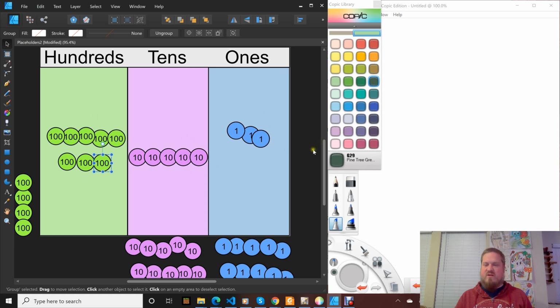So here's how we would write our problem out if we were writing it in the vertical format that we were using yesterday. And I'm going to kind of do the numbers funny with the hundreds in green, the tens in pink, and the ones in blue like it is over here.